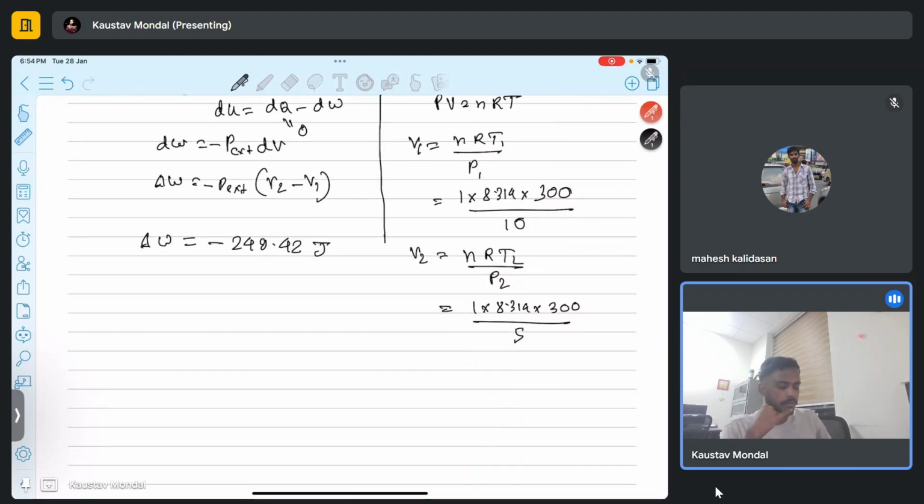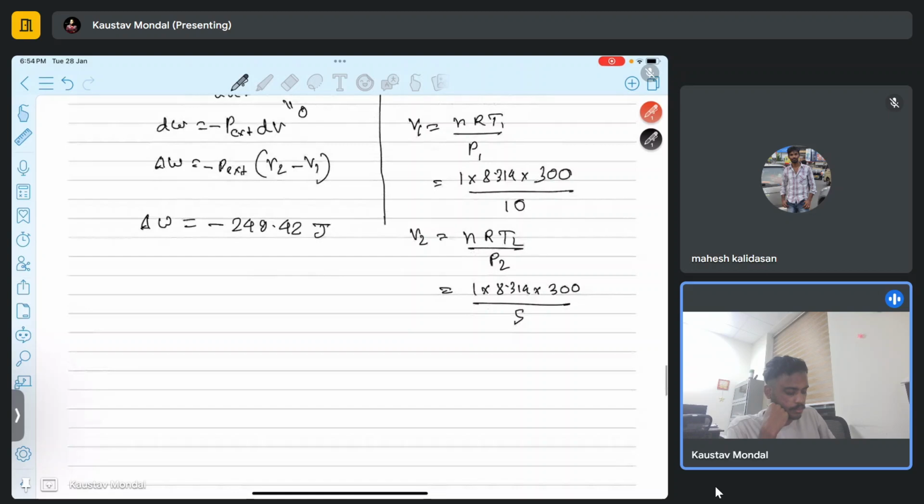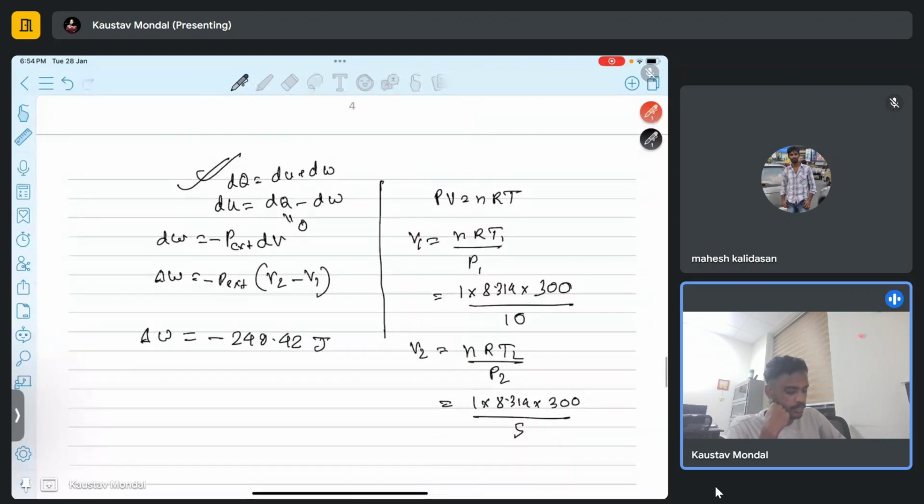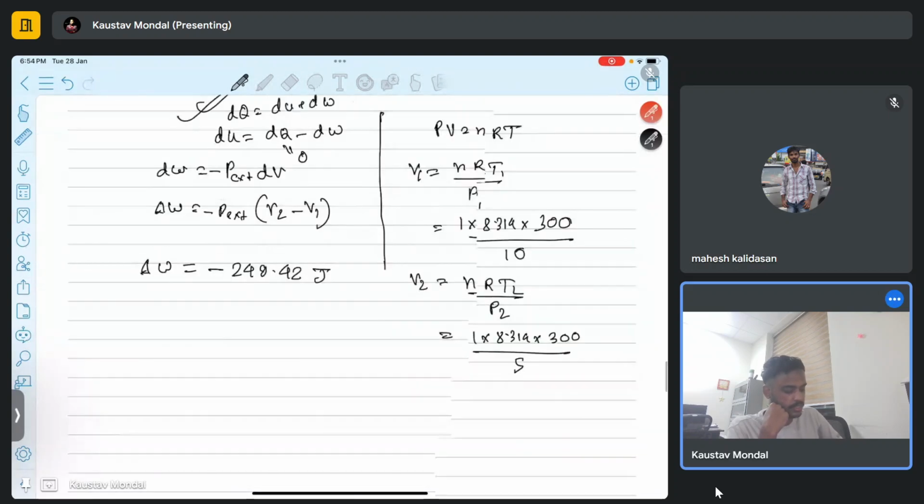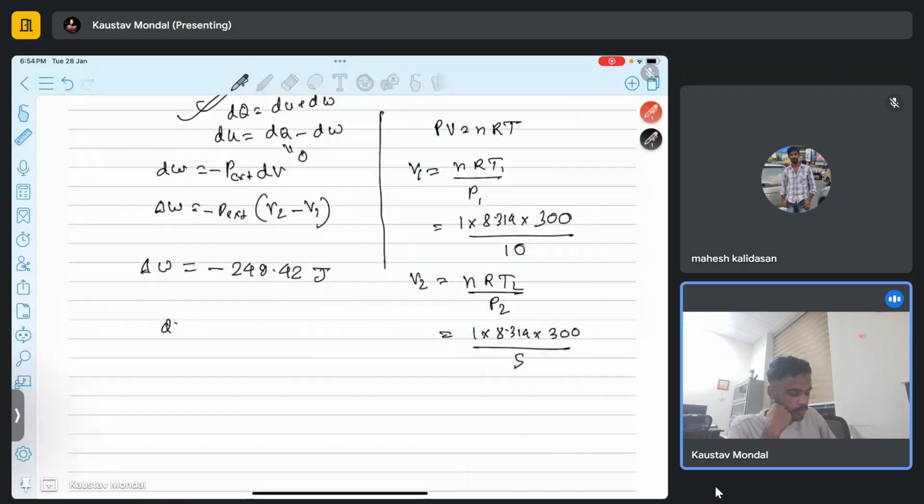So now you get the delta W, which we have already stated here. So dU equal to minus dW. That means delta U will be minus of minus 249.42 joule.